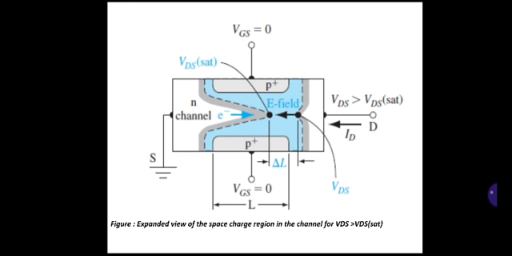If you assume that delta L is much less than L, where the actual length L is shown here, then the electric field in the N channel region remains unchanged from the VDS SAT case. Once the carriers are in the drain region, the drain current will be independent of VDS. So this is about the expanded view of the space charge region in the channel for VDS greater than VDS SAT.